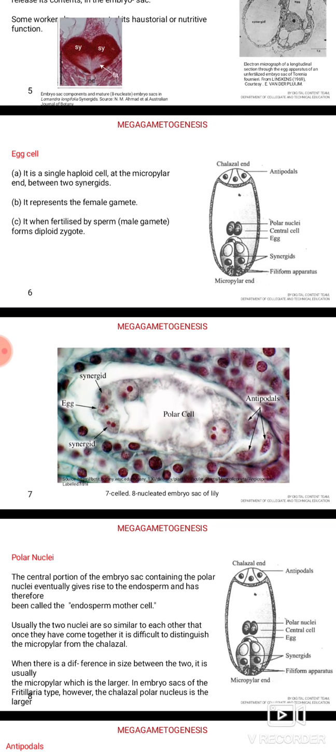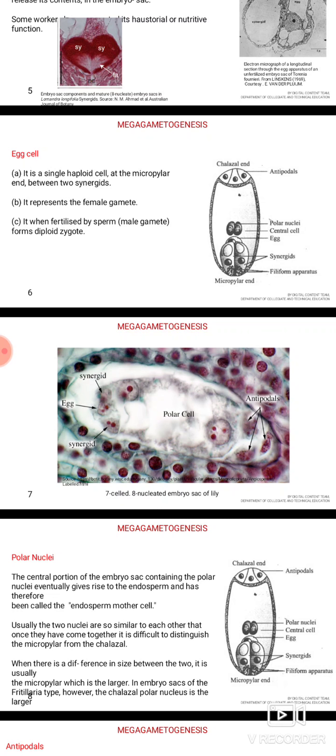Polar nuclei. The central portion of the embryo sac containing the polar nuclei eventually gives rise to endosperm and has therefore been called the endosperm mother cell.